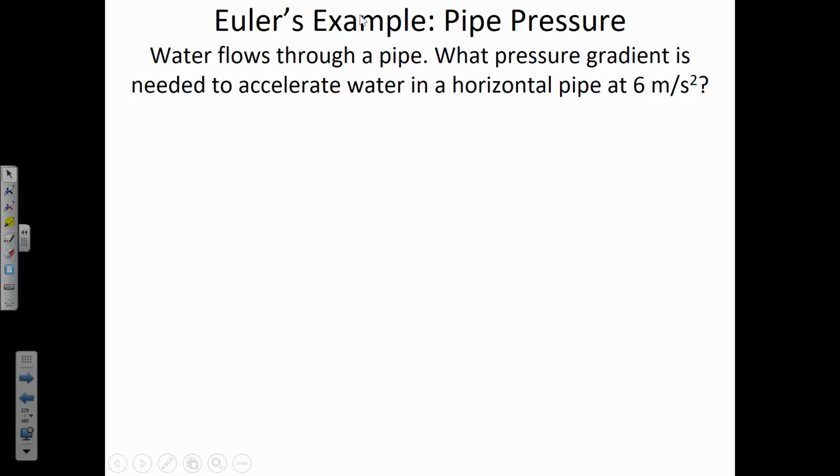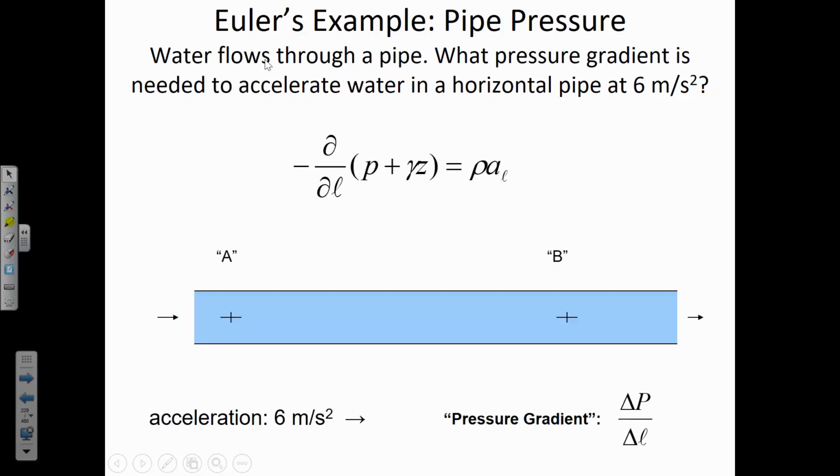So Euler's equation can be used to describe a fluid accelerating through a pipe due to a velocity increase over time. So let's say that water's flowing through a pipe, and we want to know what pressure gradient is required to accelerate water at a rate of 6 meters per second squared.